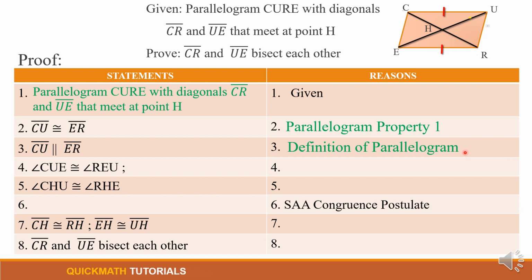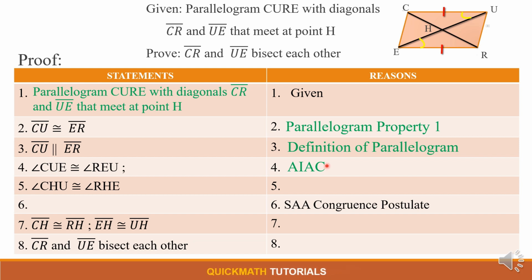Next, we have angle CUE. So this angle is congruent to angle REU. As you can notice, these two opposite sides are parallel and these two angles are congruent, and these two angles are what we call the alternate interior angles are congruent, or in symbol we have AIAC.